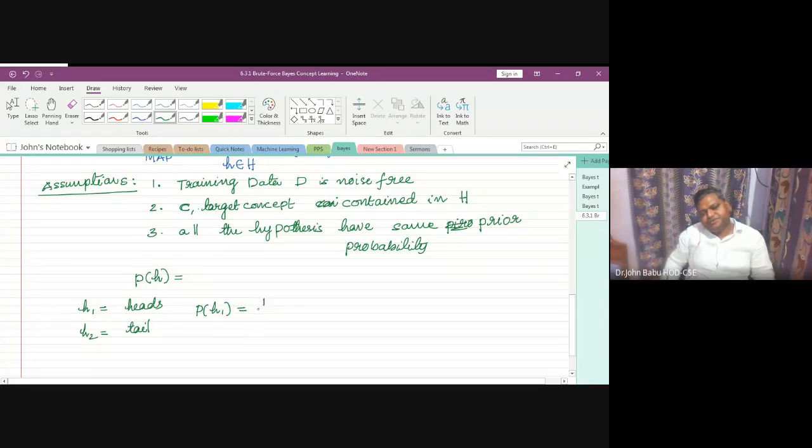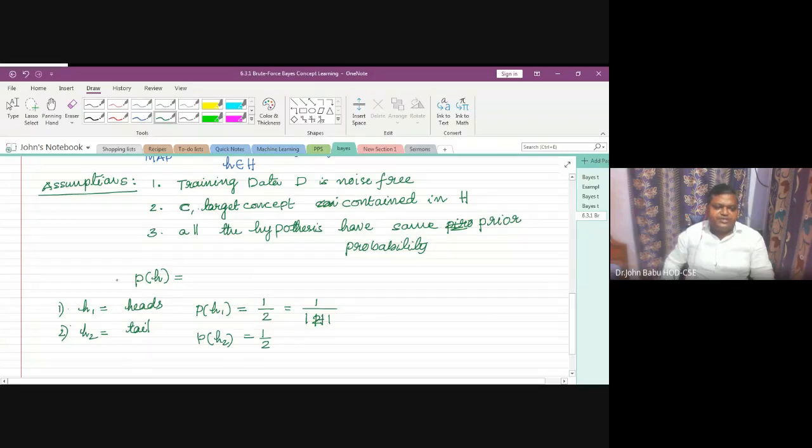How did we get it? 1 by 2. What is the probability of H2? 1 by 2. What is this 2? How many hypotheses are there? 2 hypotheses. So it is the magnitude of the set of hypotheses.